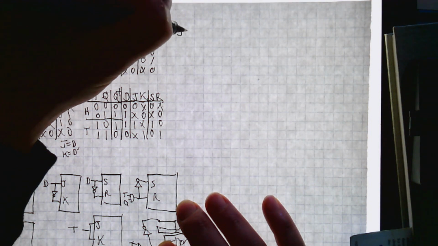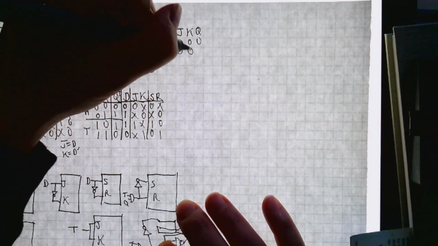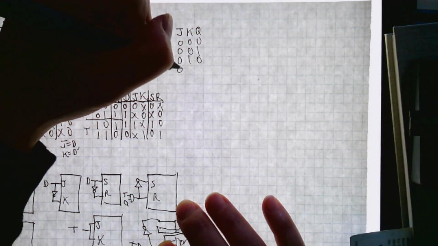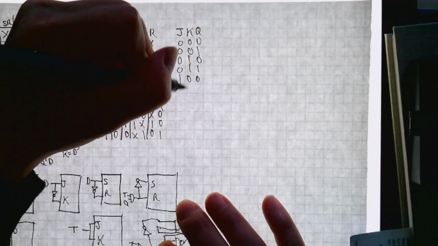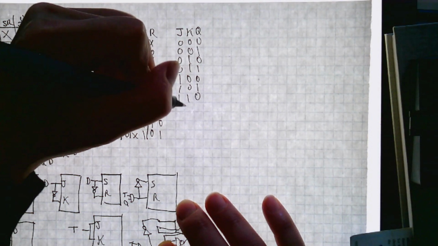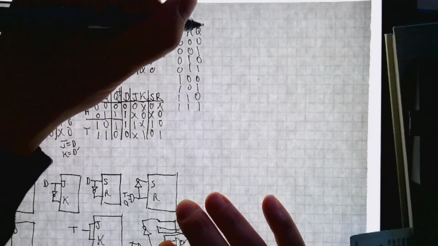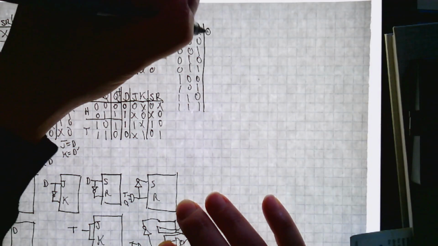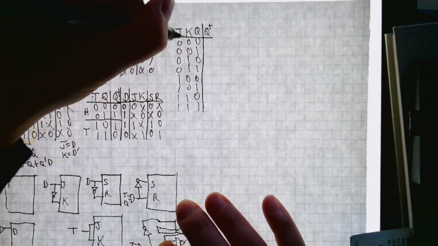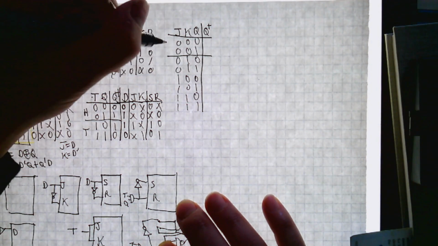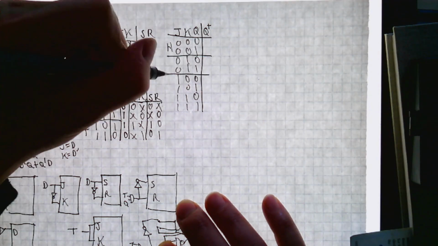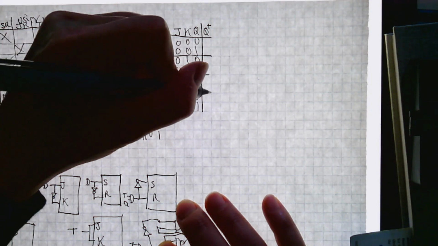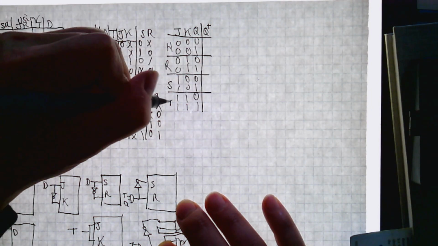It's J, K, and Q. So now we've got a little 3-variable truth table here. And now when we look at Q+, we can group things by 2. This is hold, this is reset, this is set, and that's toggle.